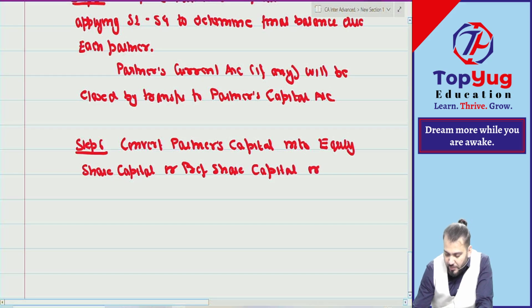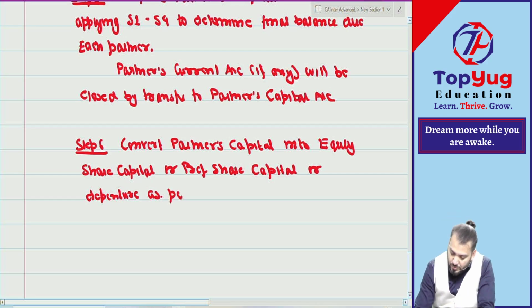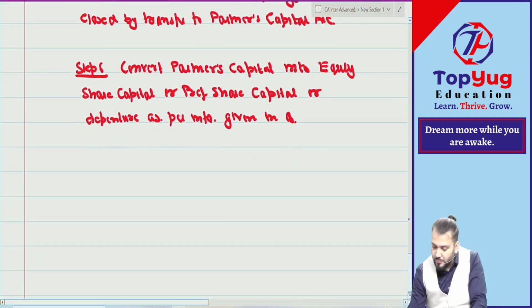Or debenture, as per information given in the question. So what journal entry will we do?